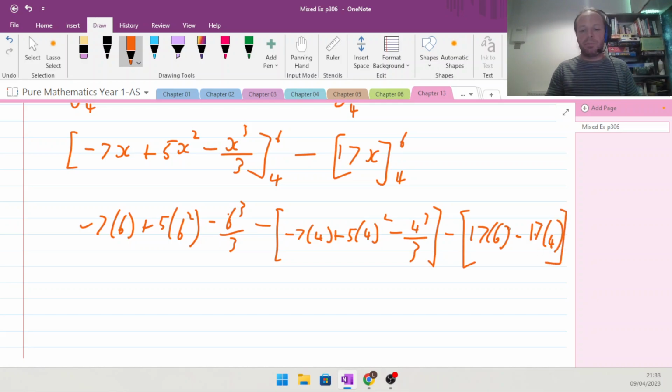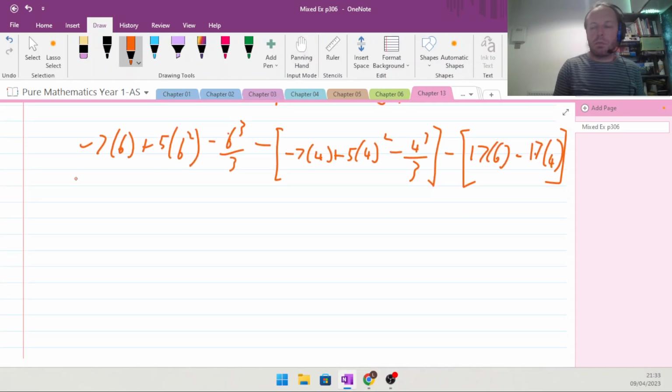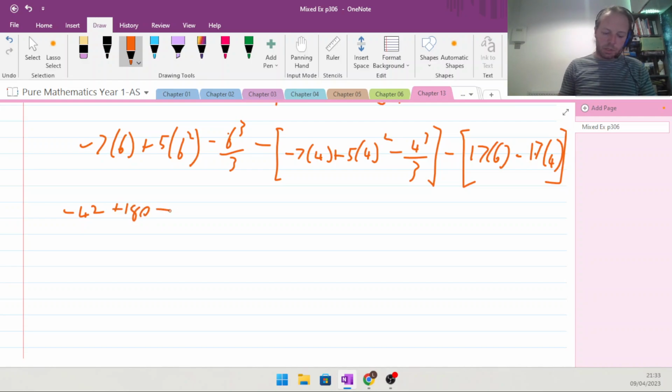Final bits on that. Minus 42, 36 times 5 is 180. 6 cubed, I think we've done already, 216 divided by 3 is 72, so minus 72.